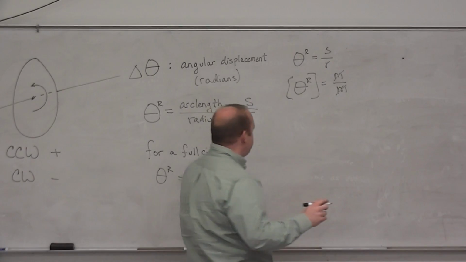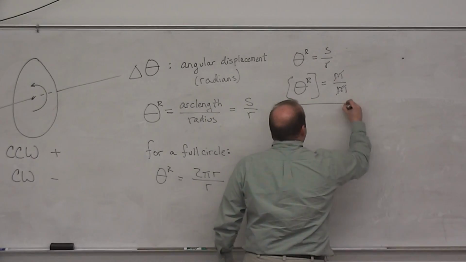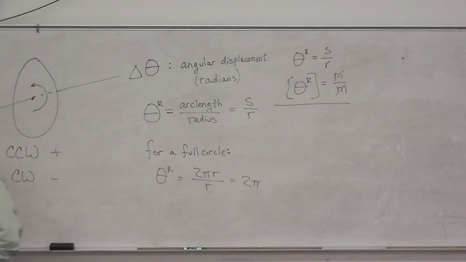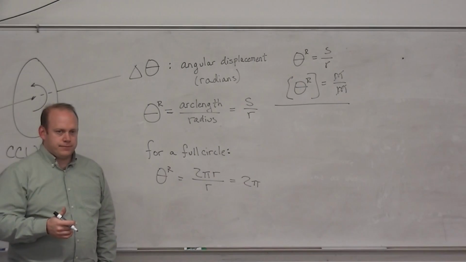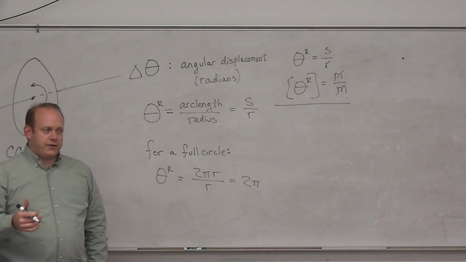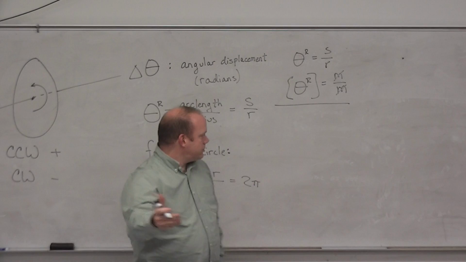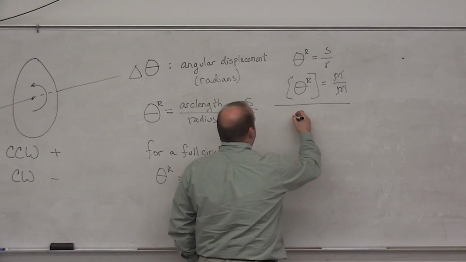Now, along with that, when we talk about change in position with respect to time, what did we call that? Velocity. Now we have the same thing with angular velocity.